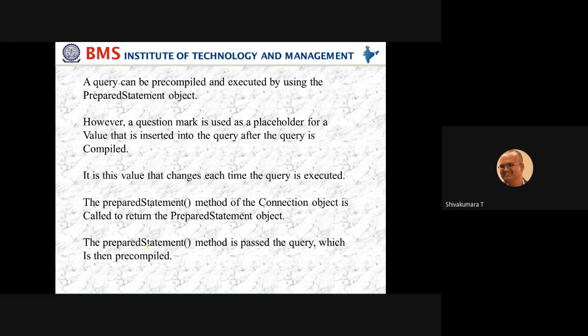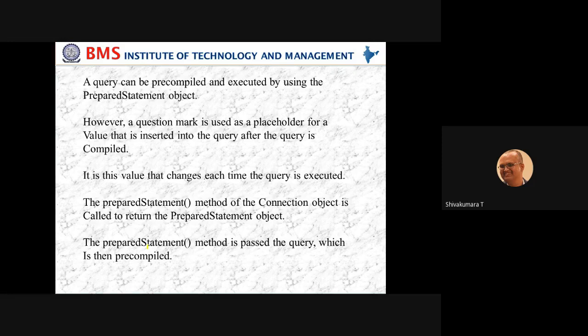When you execute the query, for example, if you are inserting a record of a student, the insertion follows the question mark. A general customized insertion query would be: insert into student values, suppose SKT, 2323, contact number and email ID.